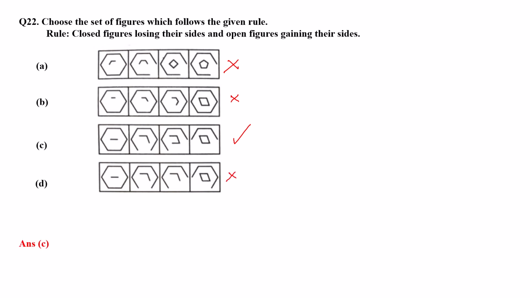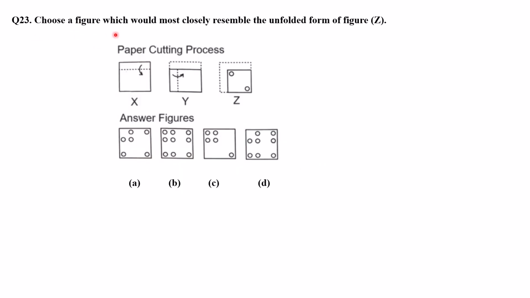So like that, you have to see the rule for each set of figure and then find out the answer. Okay. Now question 23. Choose a figure which would most closely resemble the unfolded form of figure Z. Okay. So now again we will start from here. So when you have to unfold it, only this small part will get unfolded, isn't it?